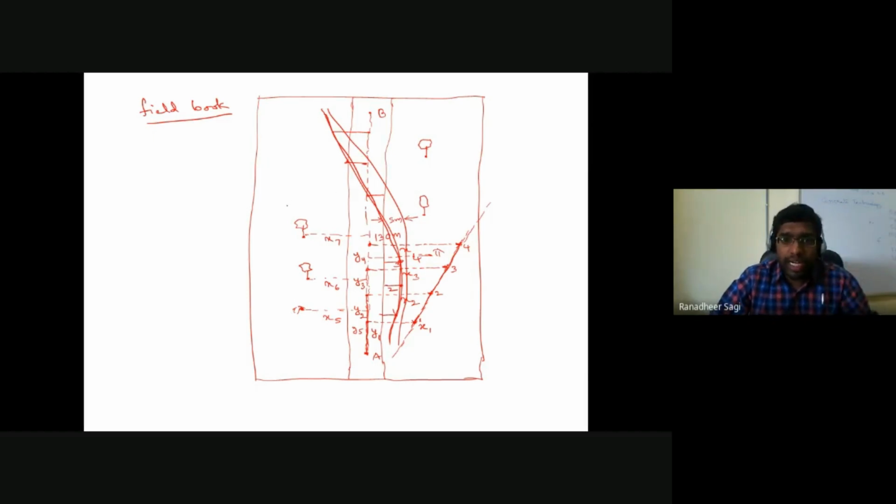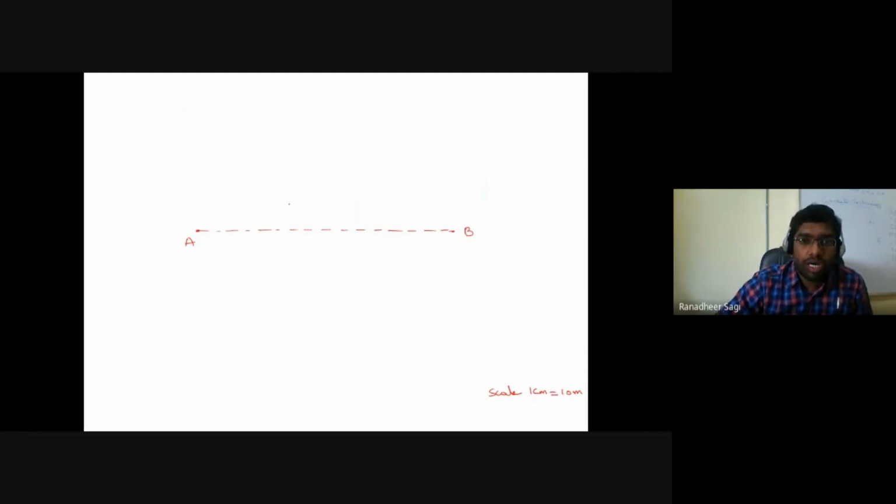From point A, at a chainage of Y1, for an offset of X1, I have the position of electrical pole 1. So according to that chainage of Y1 and offset of X1, convert with the proper scale, and then go on to locate the position of your first electrical pole, second electrical pole, third electrical pole, fourth electrical pole.